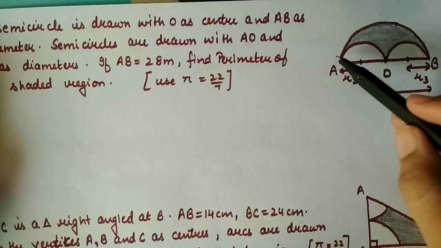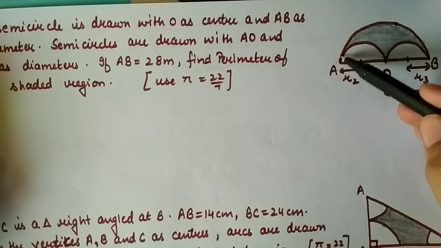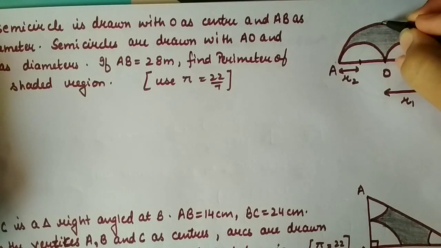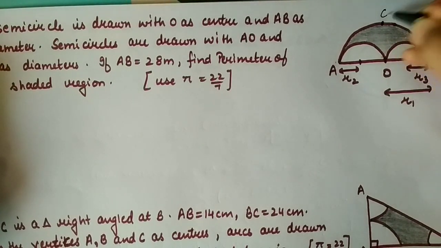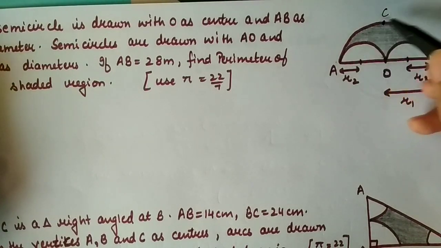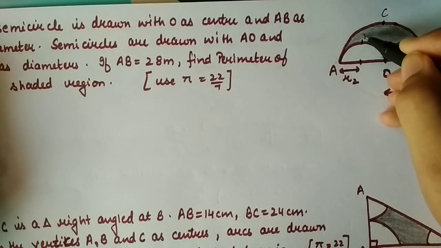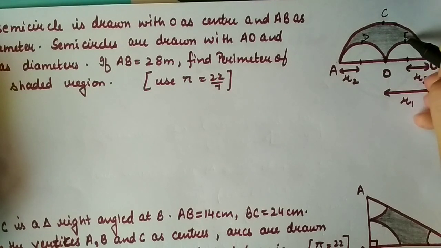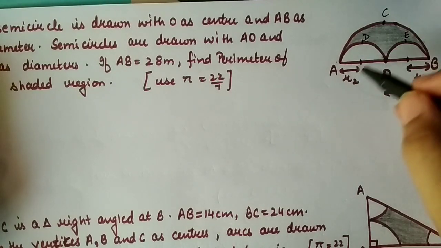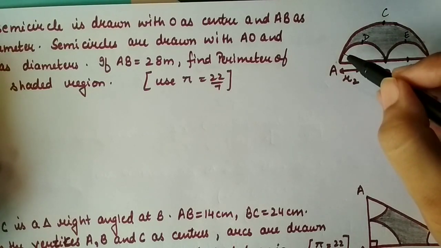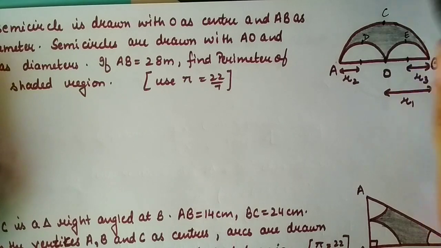Let this point be C, this be D and this be E. The perimeter is the length of arc ACB plus the length of arc ADO plus the length of arc BEO. So this is the total perimeter of the shaded region.